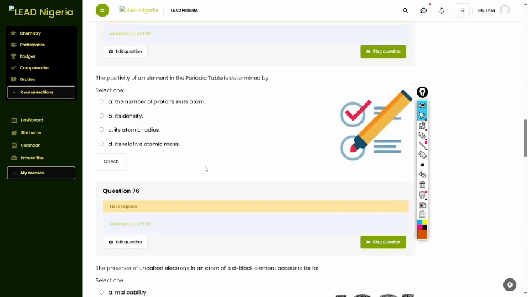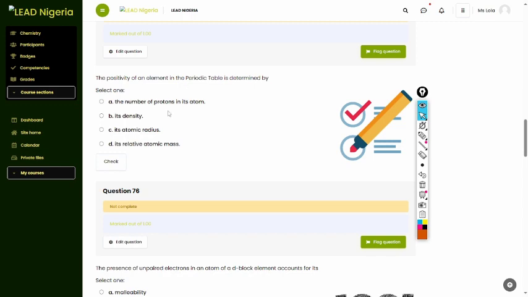The positivity of an element in the periodic table is determined by... So the positivity of an element refers to how easily it loses electrons. Now, the number of protons in an atom refers to the nuclear charge or the atomic number. So as the nuclear charge increases, the attraction between the center of the atom and the valence electrons is stronger.